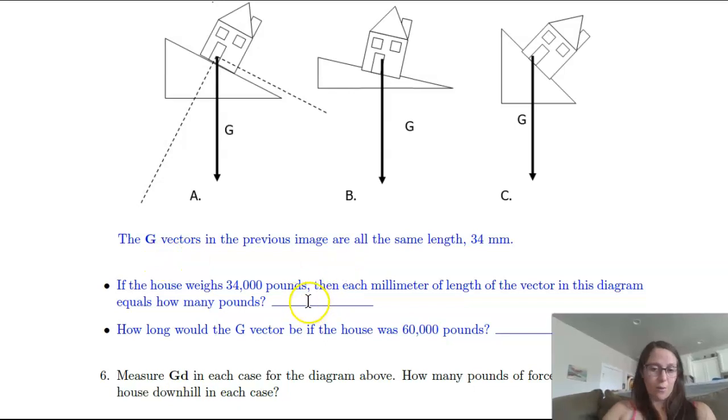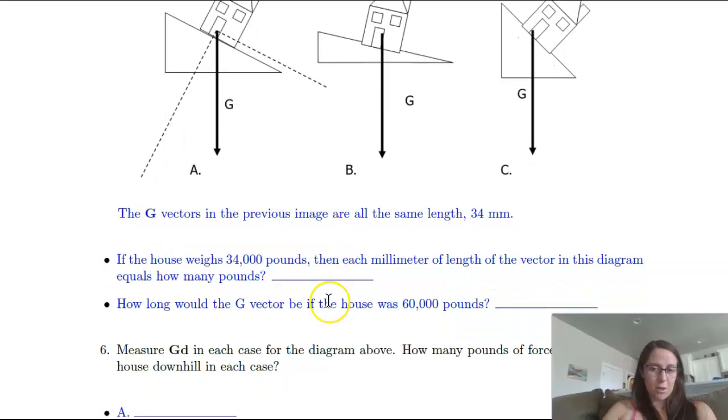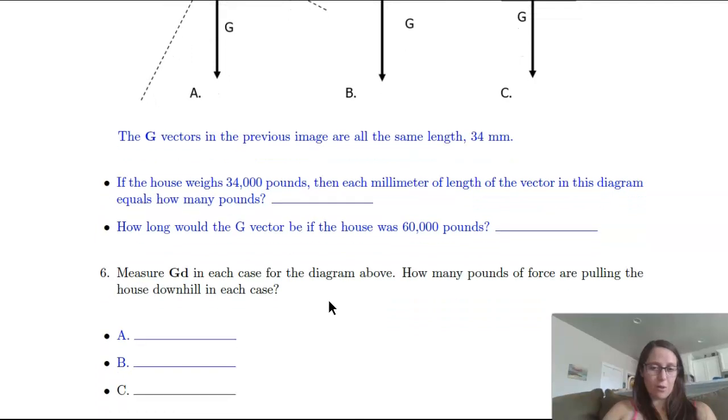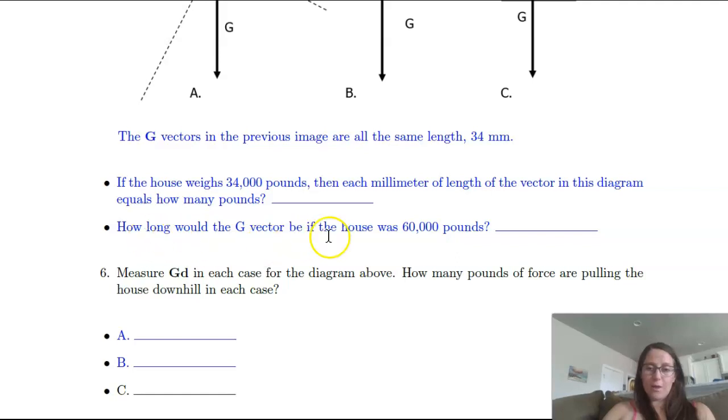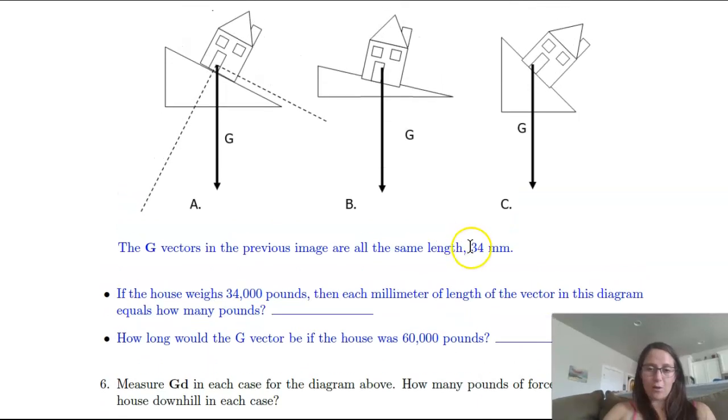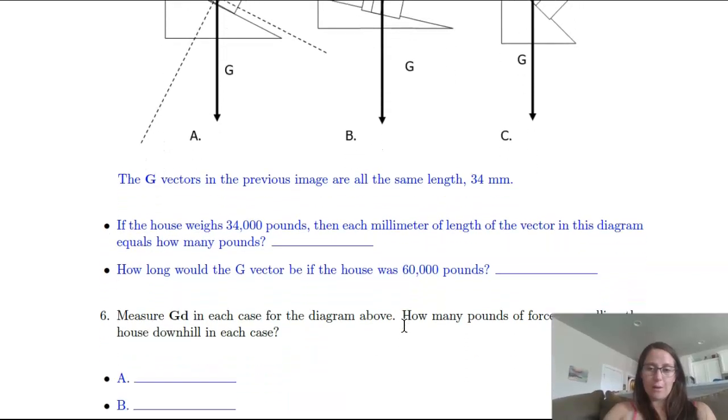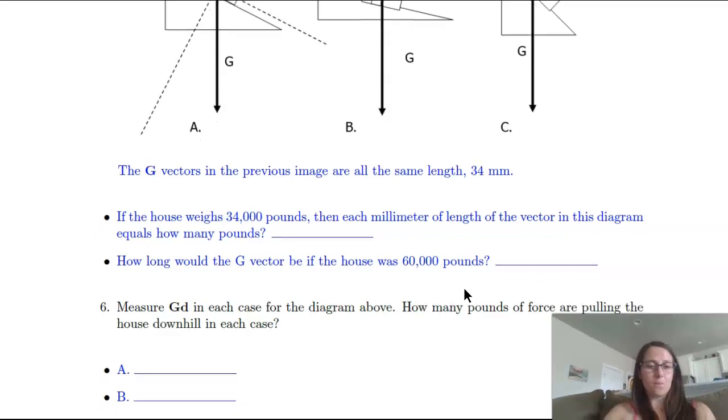It's pretty straightforward, so I don't think you will go wrong. And then next is, how long would the G vector be if the house was 60,000 pounds? Now that you know there's an equivalency here, you'll be able to find out what that G vector would be if the house actually weighs 60,000 pounds instead of 34,000.